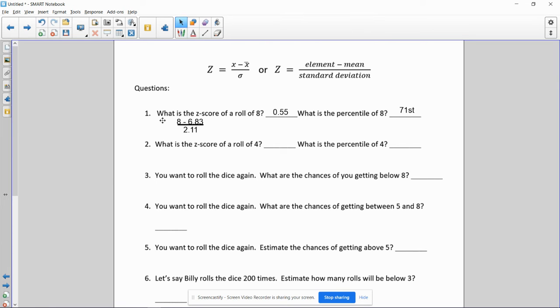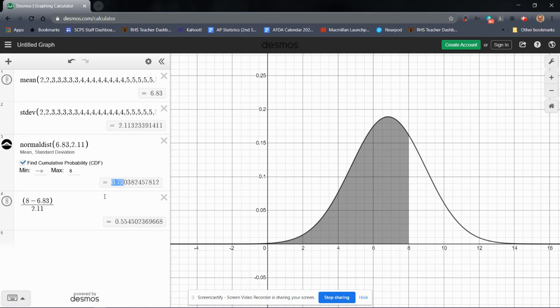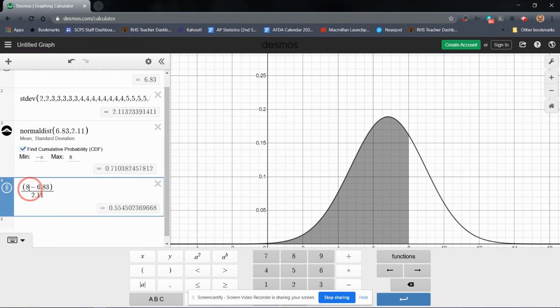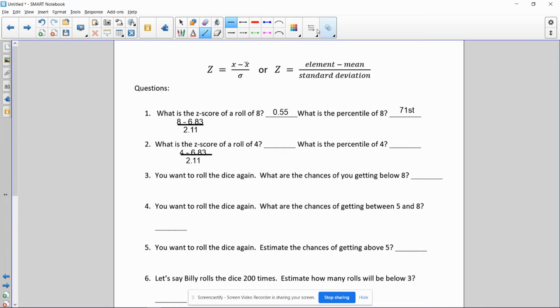So I'm going to take this, I got my z-score of 4 minus 6.83 divided by 2.11. So I just change that to a 4, divide by 2.11, and that will give me negative 1.34.